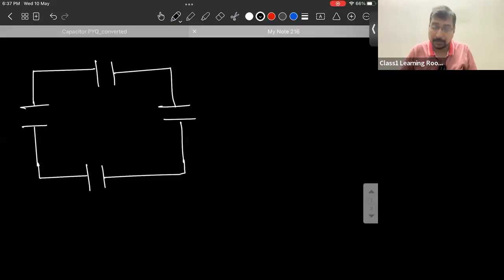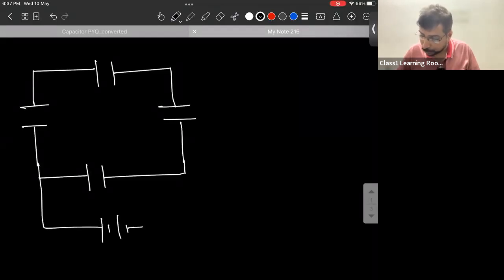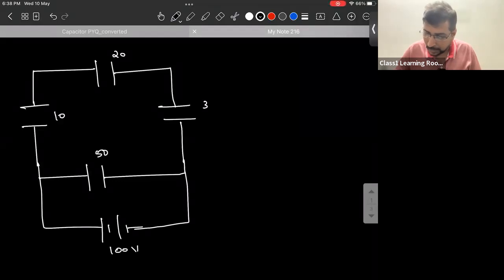This actually I have explained in the class once. This will be the last time, I cannot repeat it multiple times. So everyone observe. Let's say this is 100 volt. Here, let's say this is a 50 microfarad capacitor. Here it is 10, 20, and 30.